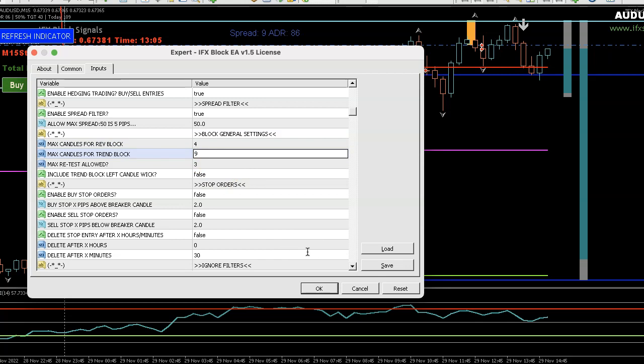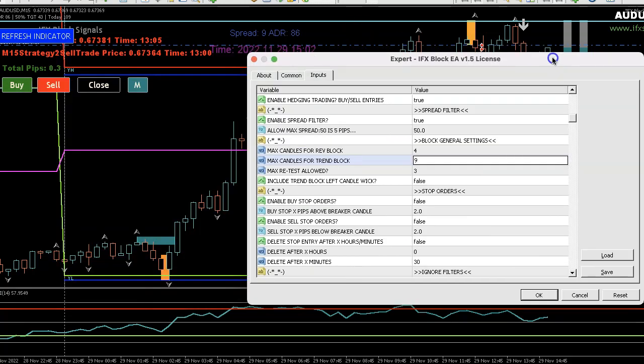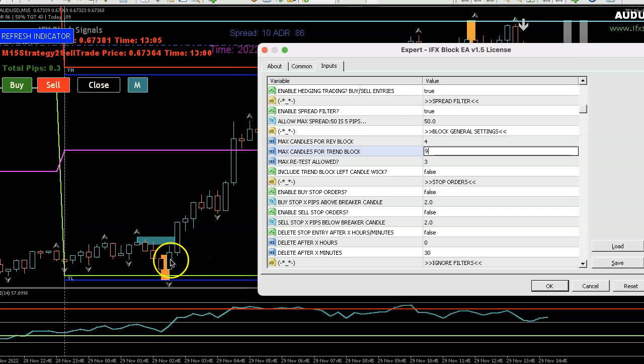Maybe 9 candles could be good, right? So we have here, it took 1-2 candles to make this reversal block. We're not going to count the ones on the left. We're only going to count from here at the most bottom candle. So it would be 1-2 candles, and it took only 2 candles to give me a trend block.